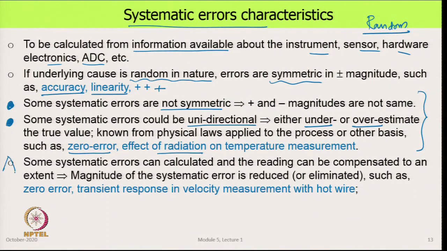And then we have another interesting thing here, as we have seen in the earlier slide, that some systematic errors can be calculated from knowledge of the phenomena and the equations in an analytical way. And what we often do is we compensate the reading to that extent from that calculation. For example, if from my calculations the radiation error is an overestimate of 25 degrees Celsius, then I will take my measured value, subtract 25 degrees Celsius, and this I will treat as my measurement.